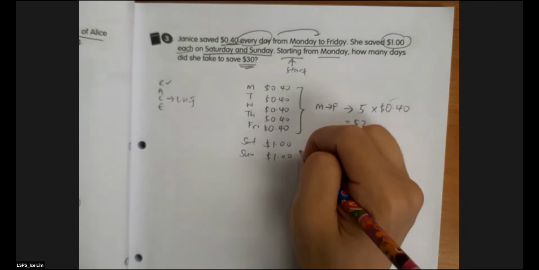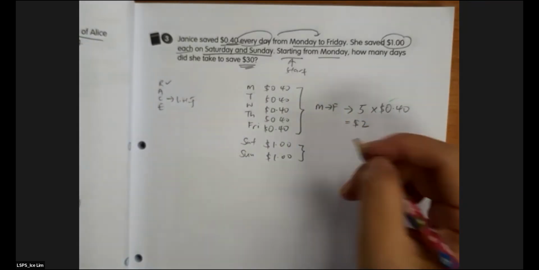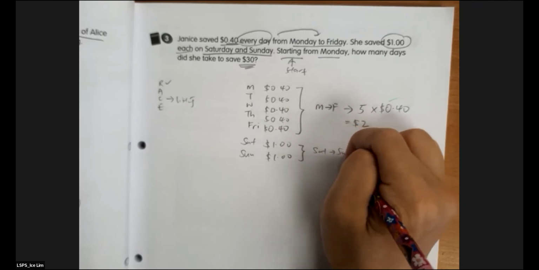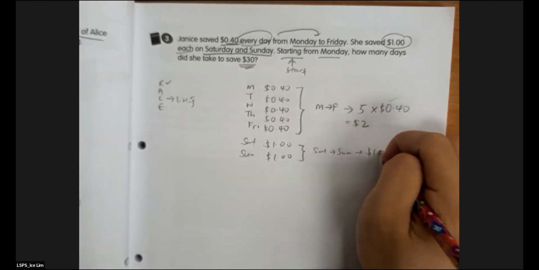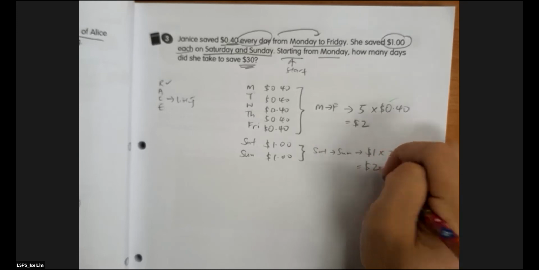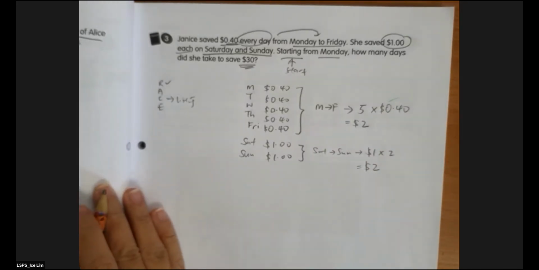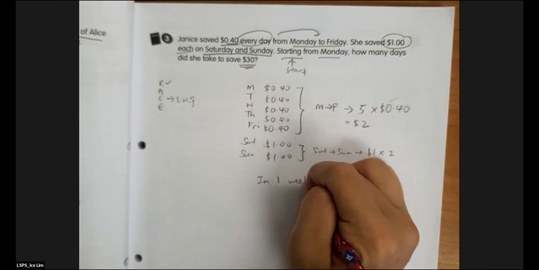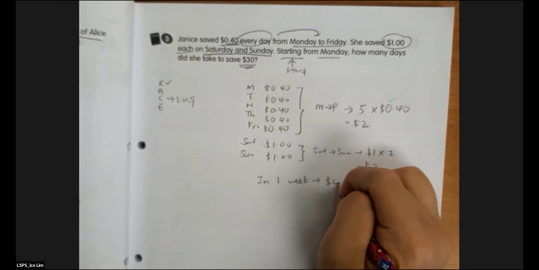Then Saturday and Sunday, if I repeat that, there is $1 times 2, that is also $2. So in a week, it will be? Yes. So in 1 week, $4.